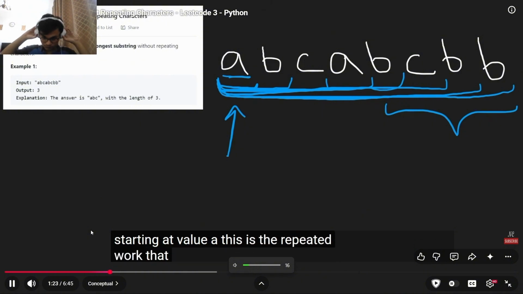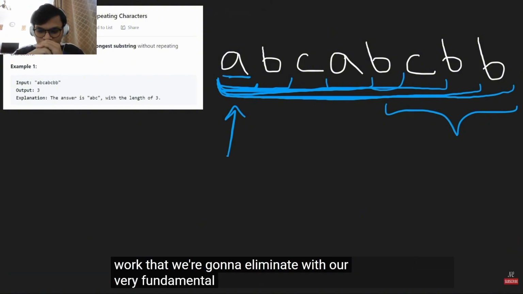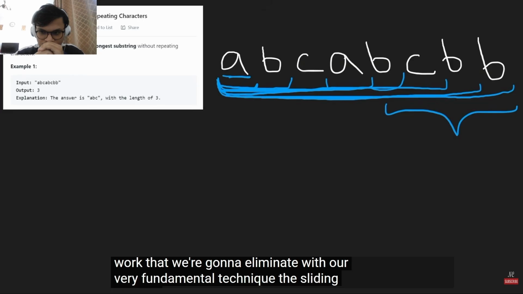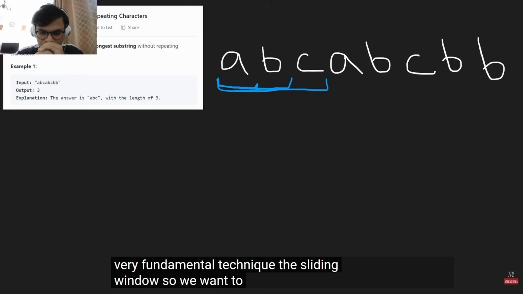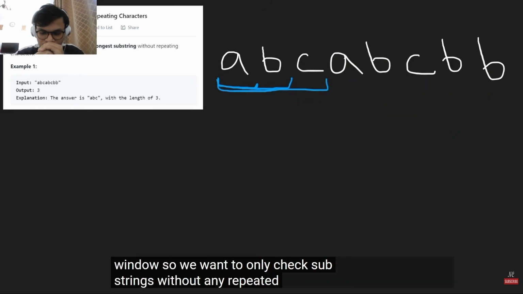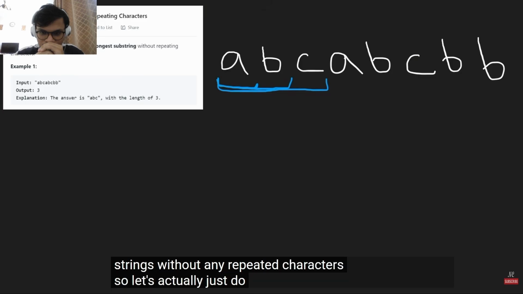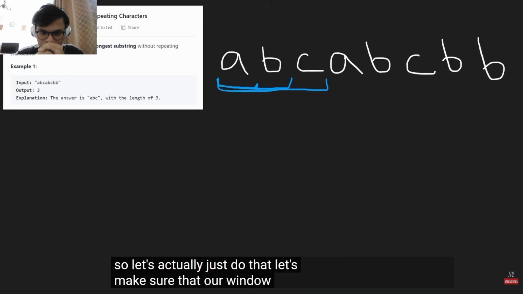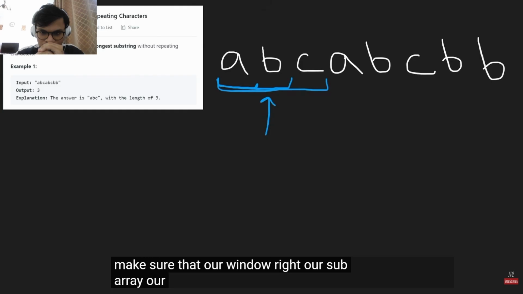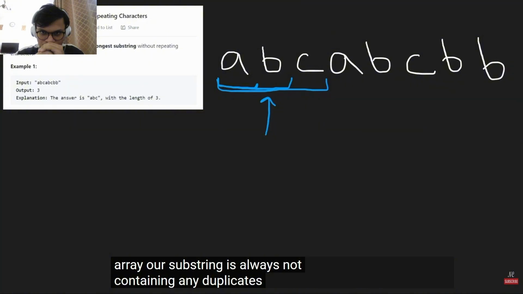This is the repeated work that we're going to eliminate with our very fundamental technique, the sliding window. So we want to only check substrings without any repeated characters. Let's make sure that our window, our subarray, our substring is always not containing any duplicates.